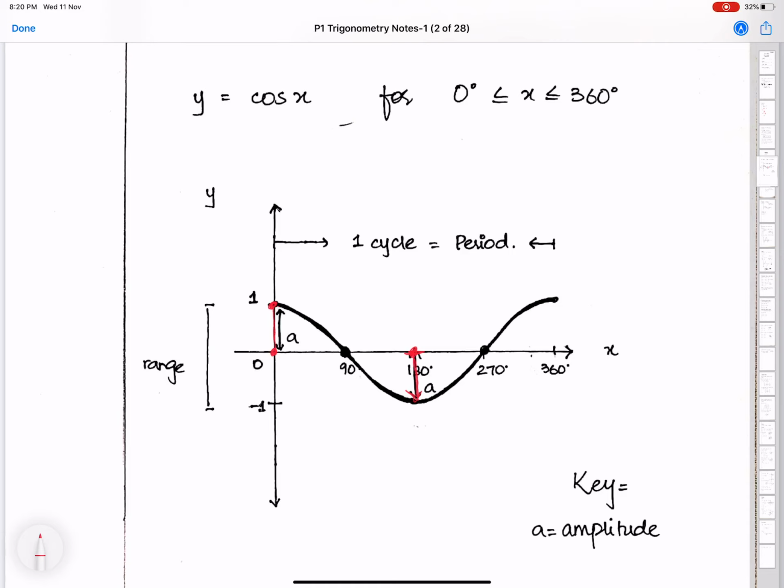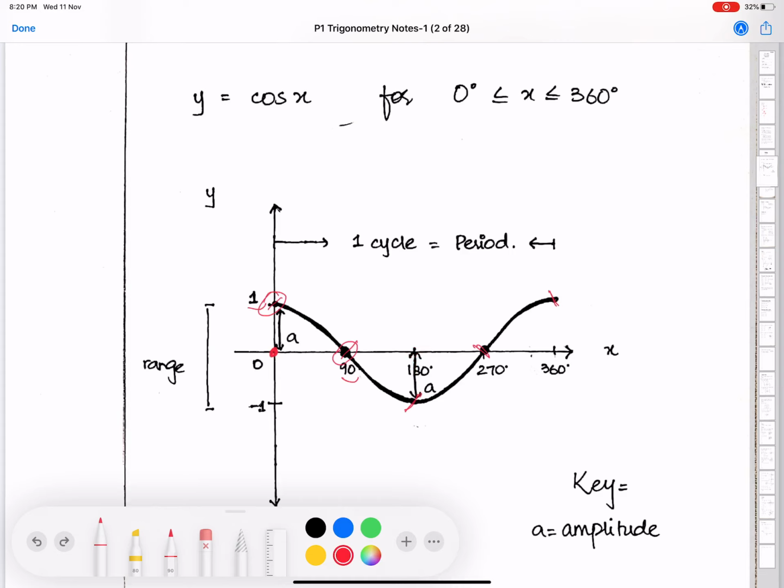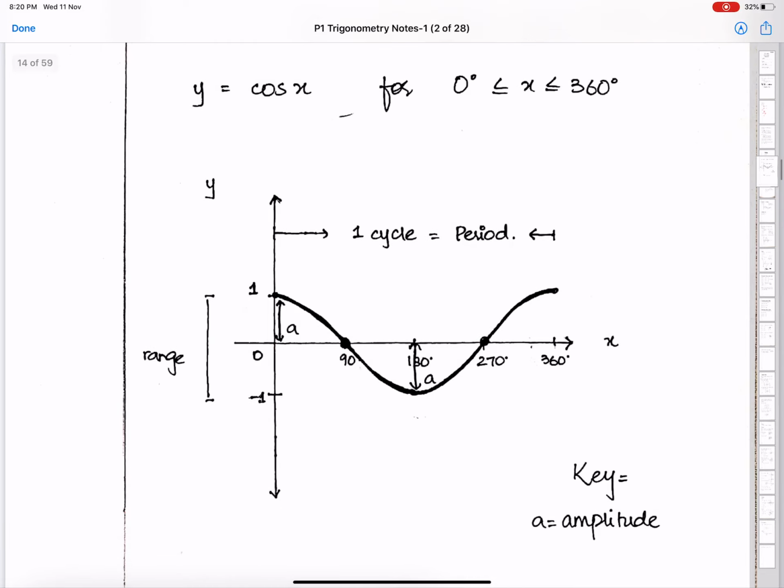So this length is amplitude, and this length is also amplitude. And the amplitude of this cos is 1. And the range of cos is -1 to 1.